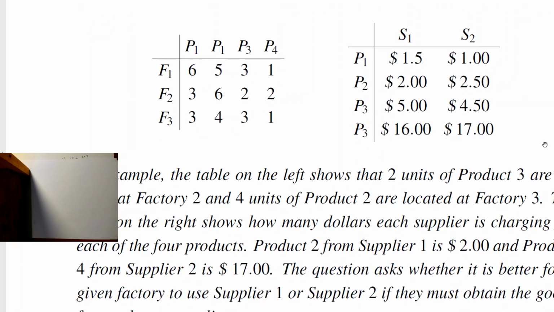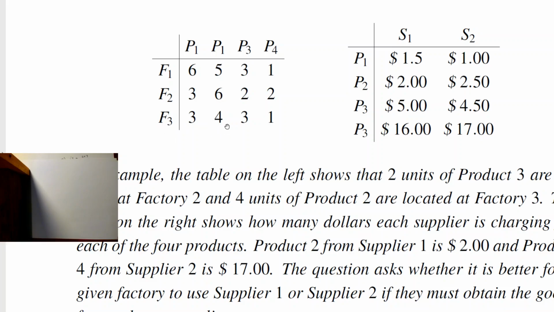Okay, for example, the table on the left shows that 2 units of product 3 are located at factory 2. So that's this entry right here. 2 units of product 3 located at factory 2. 4 units of product 2 are located at factory 3.